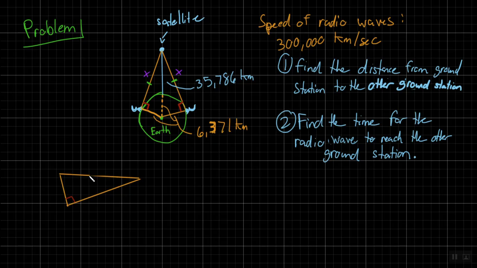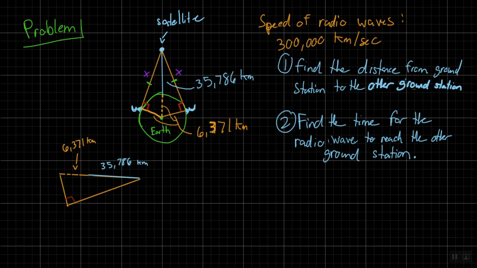So we took the blue distance, so how far away the satellite is from Earth, which was 35,786, and we added that dotted distance, which was how much, Rodelia? How much was this dotted distance? It's supposed to be 6,371. Why? Because it's the same as the radius. Thank you, Klein.